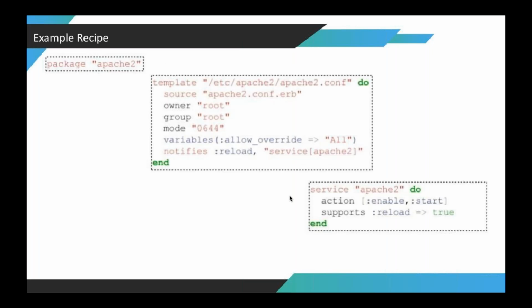Next, here are your example recipes. So let's talk about these recipes. The very first thing is that because it's a recipe, we are going to modify multiple resources. Here is a package resource that we are modifying, then there is a template resource, and finally there is a service resource.